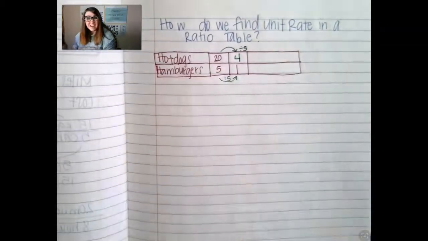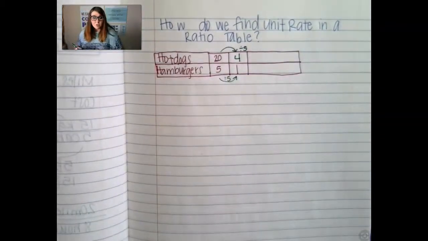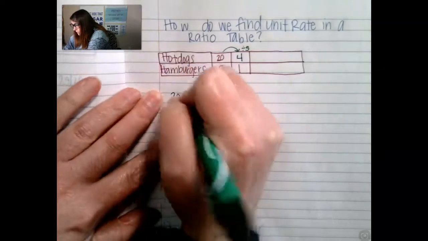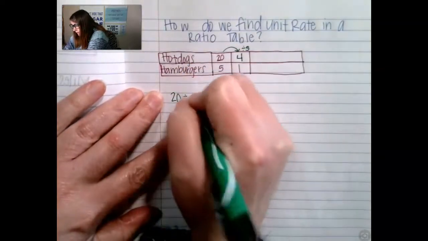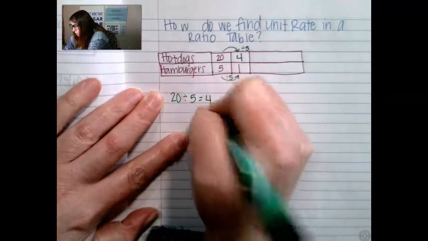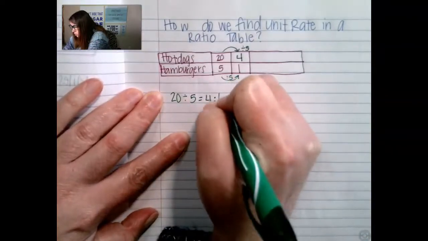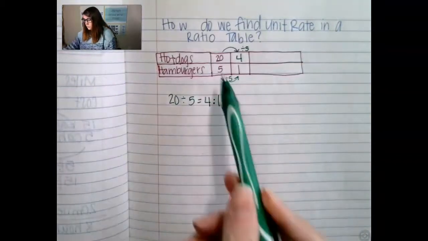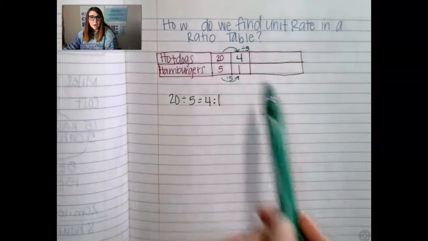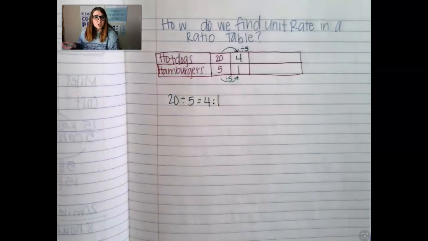That means I sell 4 hot dogs for every 1 hamburger. Another way we could have looked at this is 20 divided by 5 gives me 4 to 1, because remember, ratios are fractions.